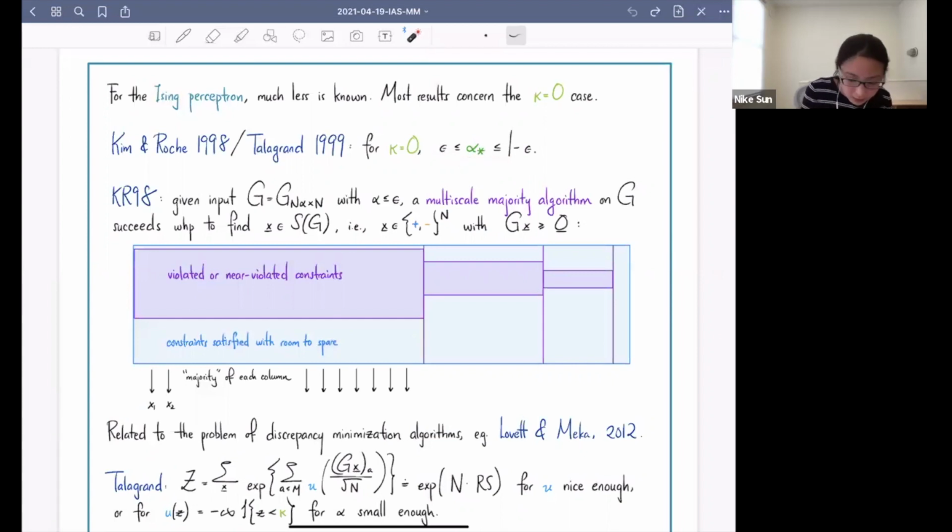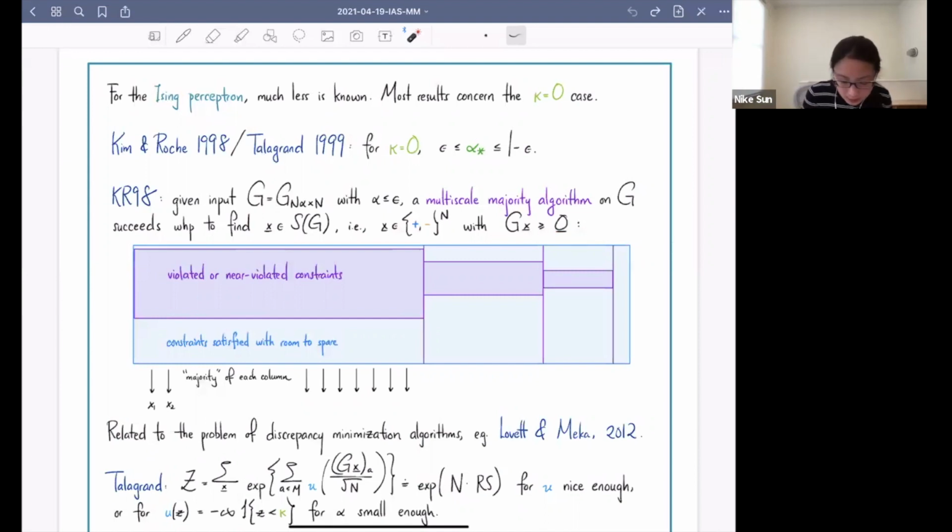I also want to mention that this paper has an interesting algorithmic result: for very small alpha, they show that you have a non-empty set, but they actually show an algorithmic way to find that set. So you want to find an element x in the discrete cube such that when you multiply it by G, it's entry-wise positive.